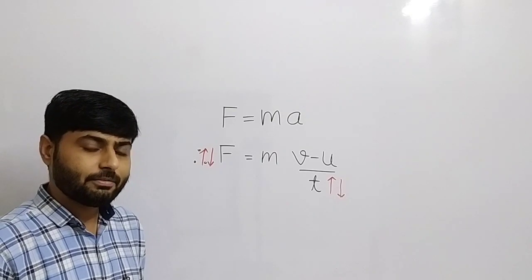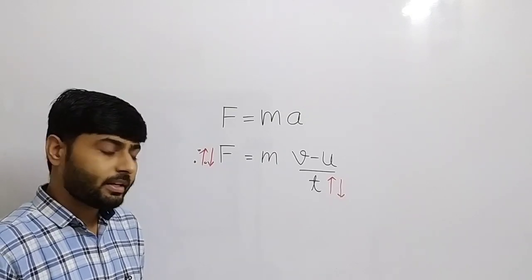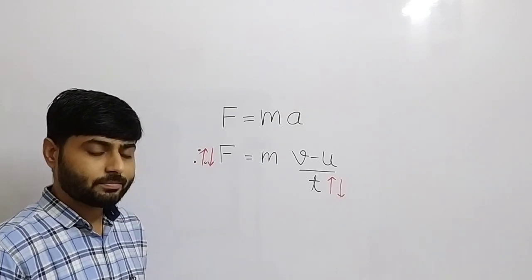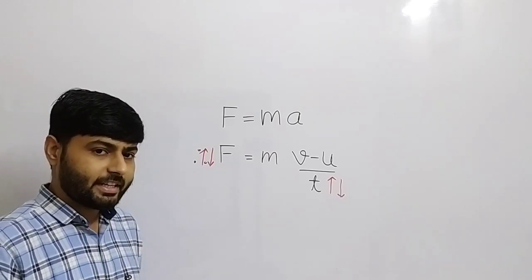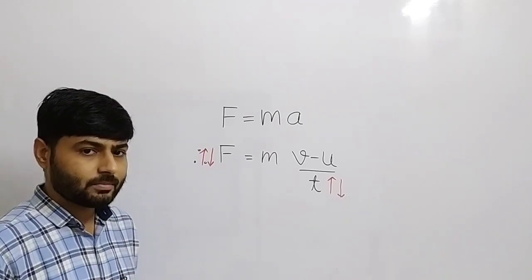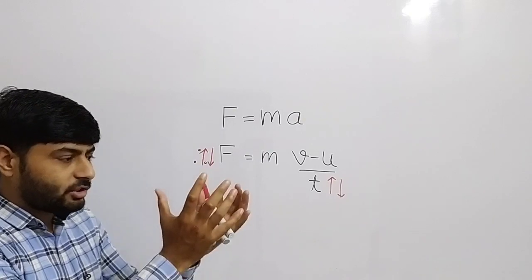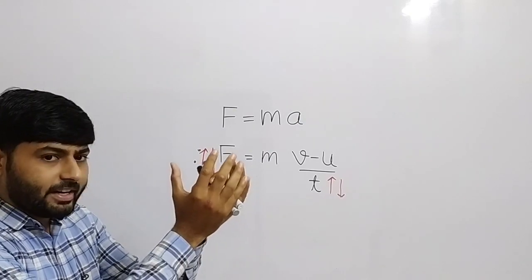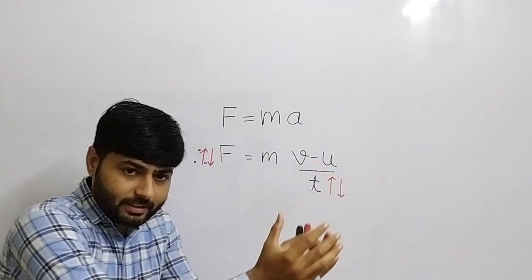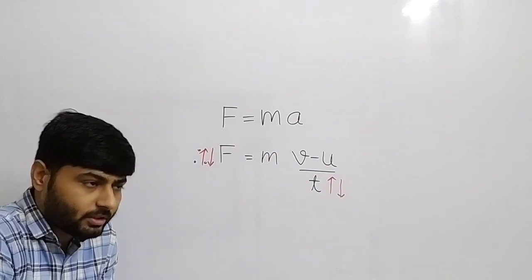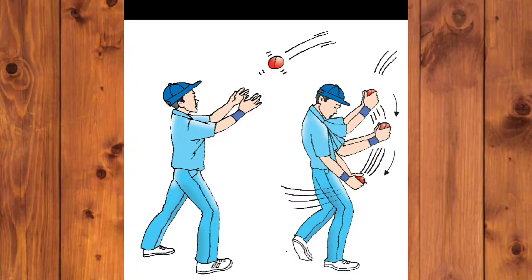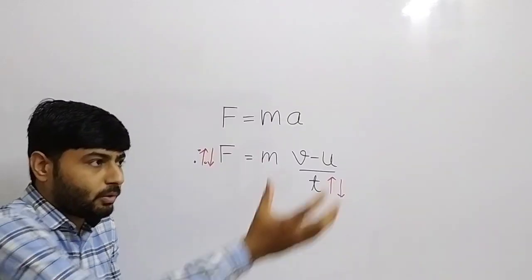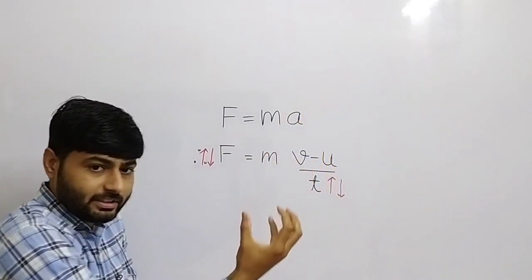In our daily life we encounter second law of motion. Let's take example of cricket. While catching the ball, the fielder takes his hand back in the direction of the ball. Suppose ball is moving like this.